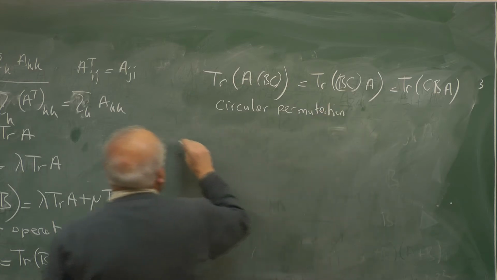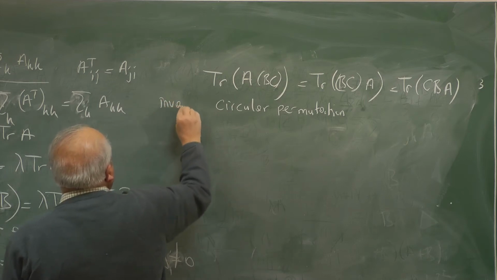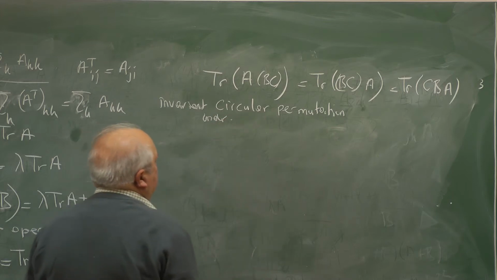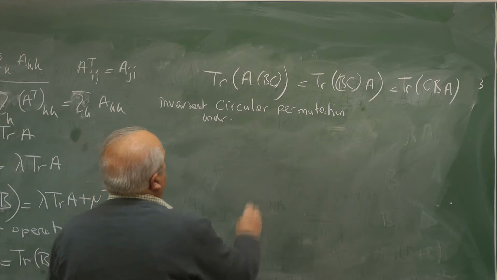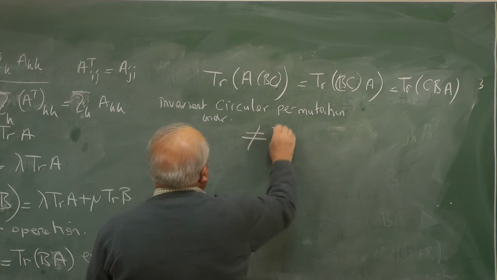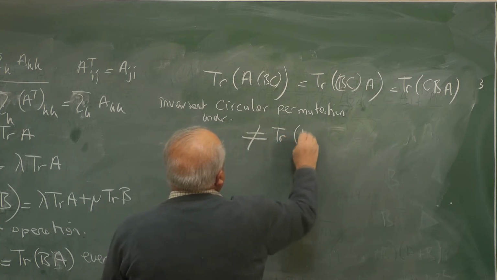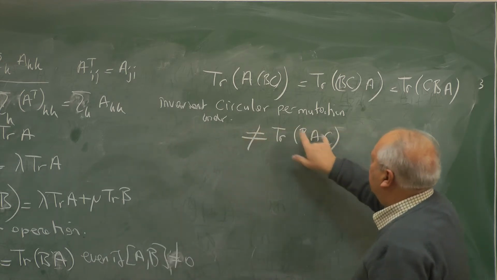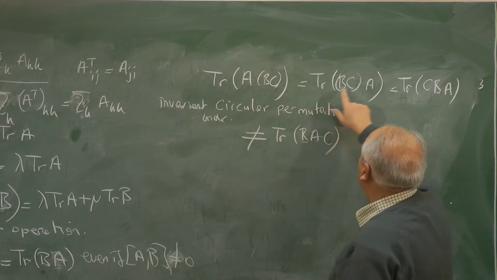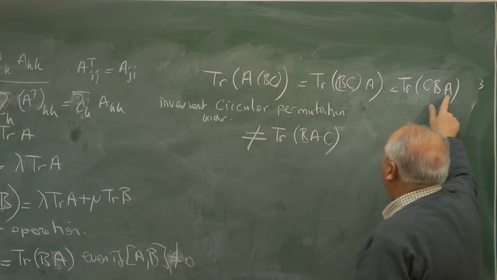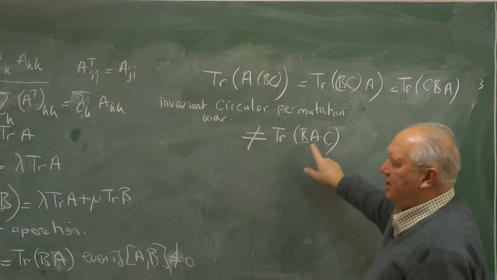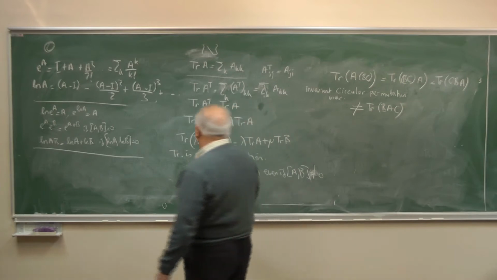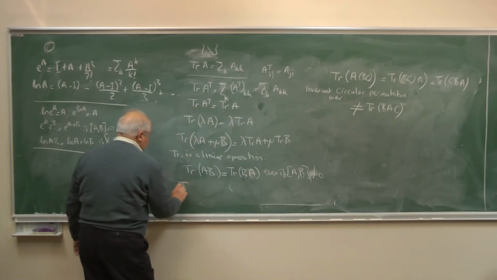Trace is invariant under circular permutation. But notice that this is not equal to trace, for example, BAC. Because you cannot reach BAC via circular permutation. ABC, BCA, CBA, BAC is not there. So one has to be careful. So circular permutation. Let's write here.